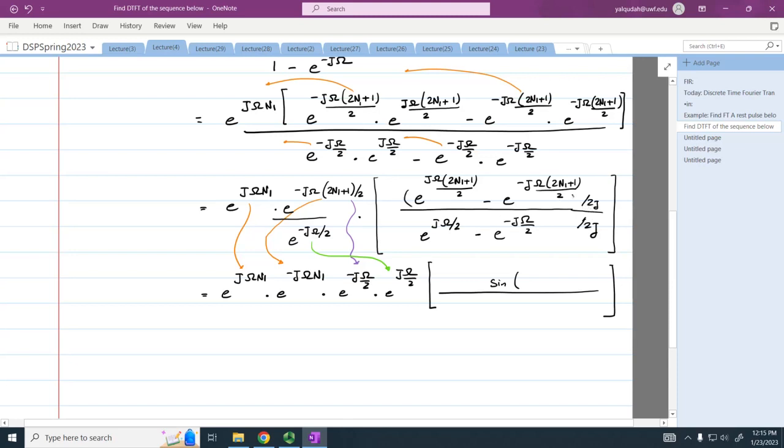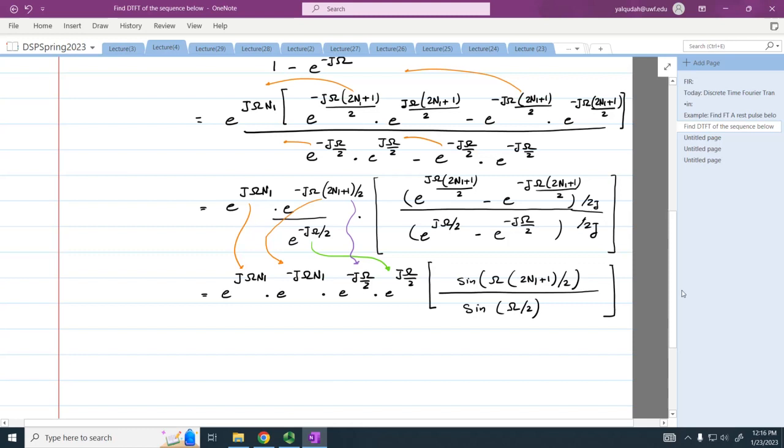So this over 2j, this over 2j. If I do that, I'm going to get a sine of omega multiplied by 2n1 plus 1 over 2 divided by sine omega over 2.